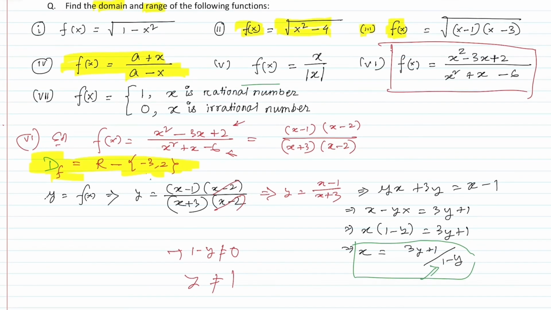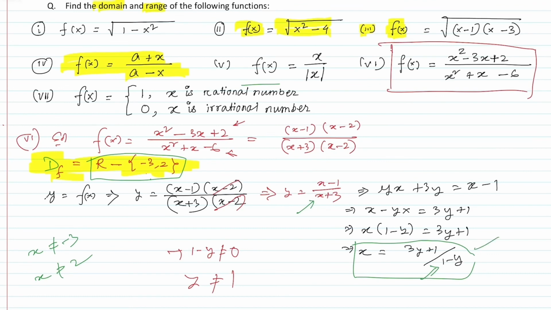Now, what will be the range of this function? Look at this first. What is the domain here? This is the domain of the function. So here x should not be equal to minus 3 and x should not be equal to 2. If x is minus 3, then the y value is not defined.